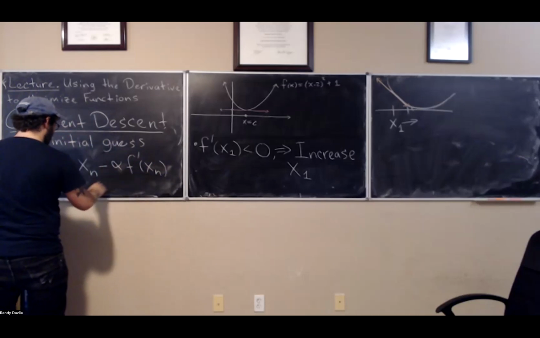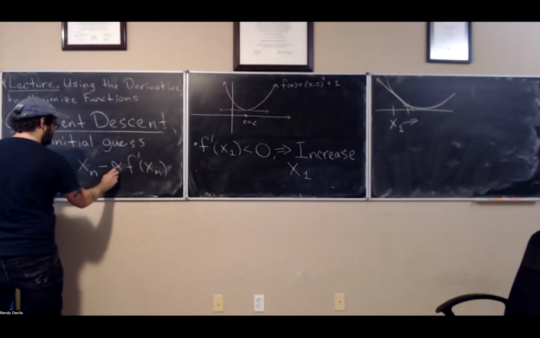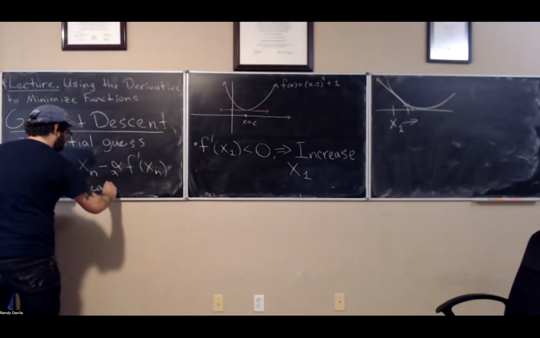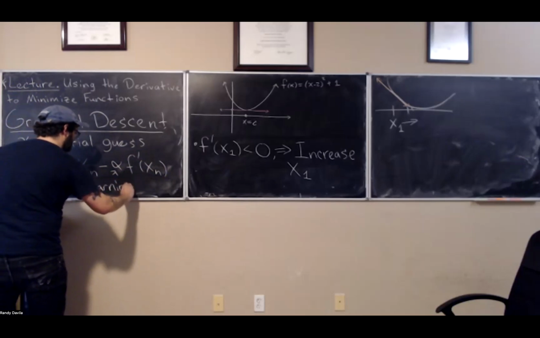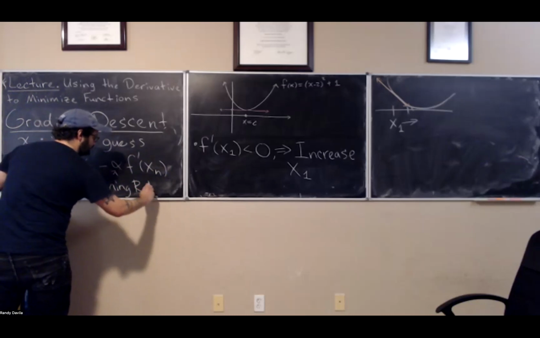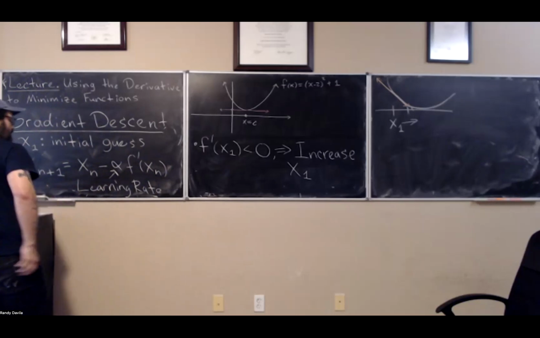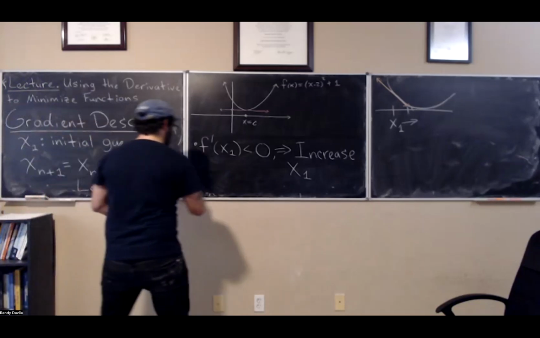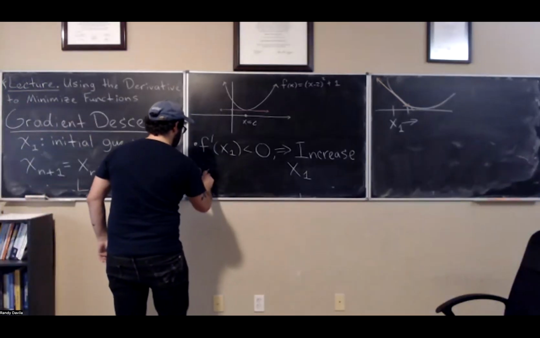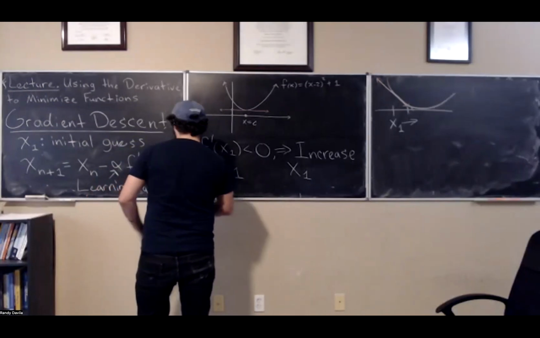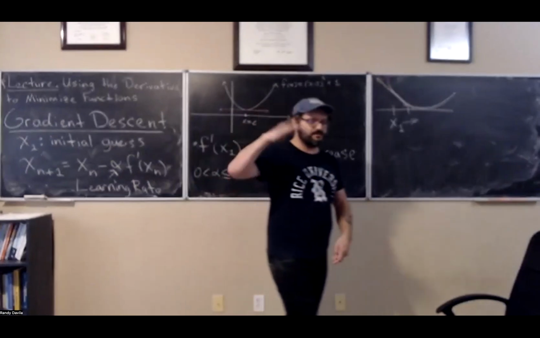And this right here is alpha. That's called the learning rate, or step size. It's just a number between 0 and 1, so 0 less than alpha, less than or equal to 1. It scales the steepness of the slope of the tangent line.